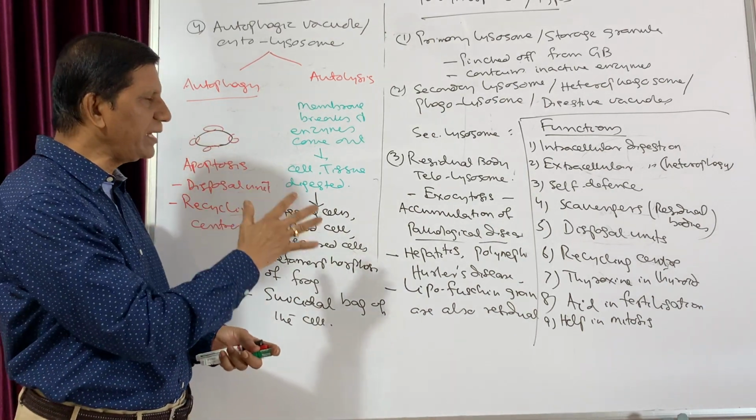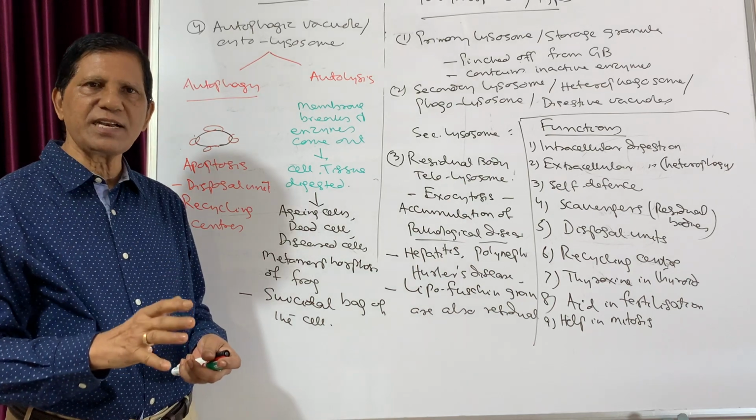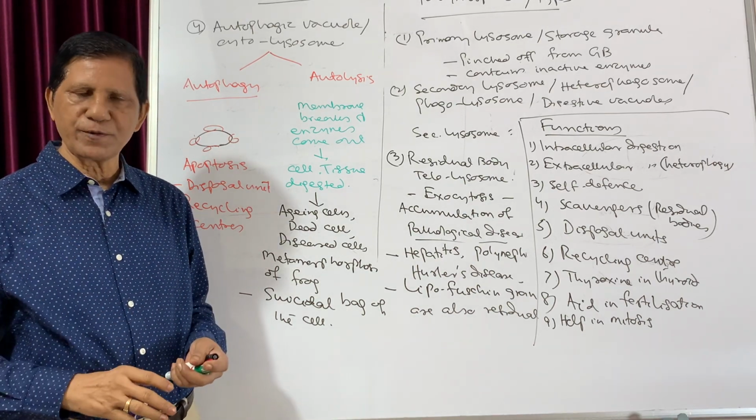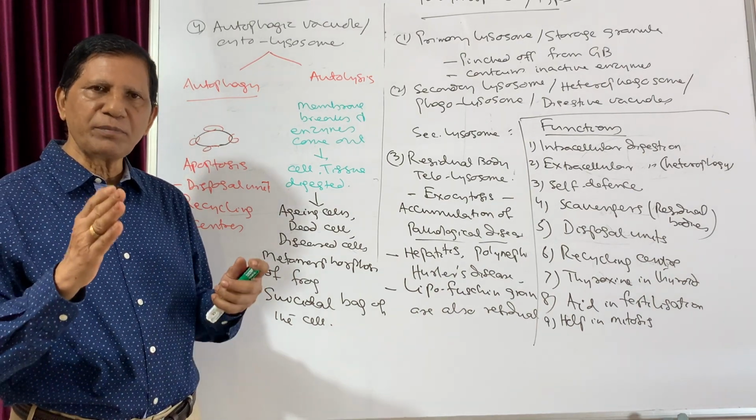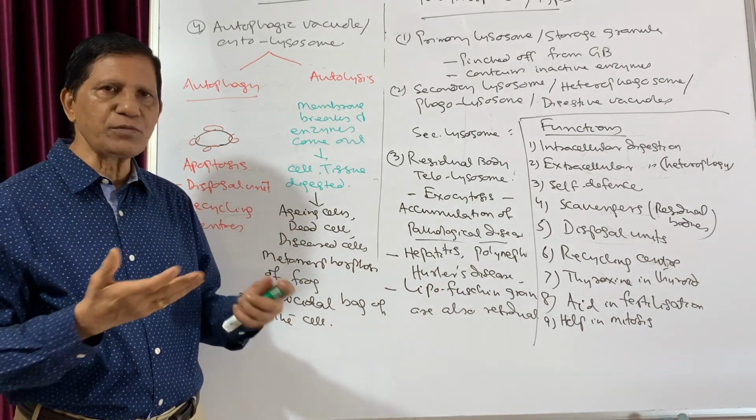They are present only in animal cells and some fungi; they are not present in plants. Then you may ask, if they are not present in plants, where are these digestive enzymes present?